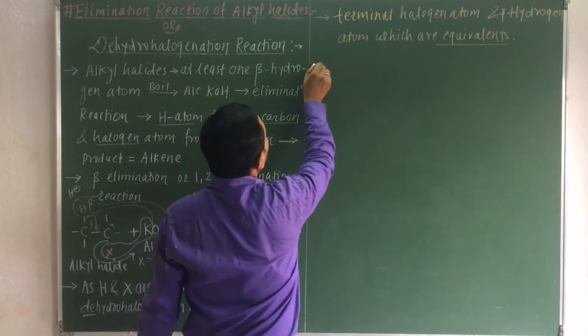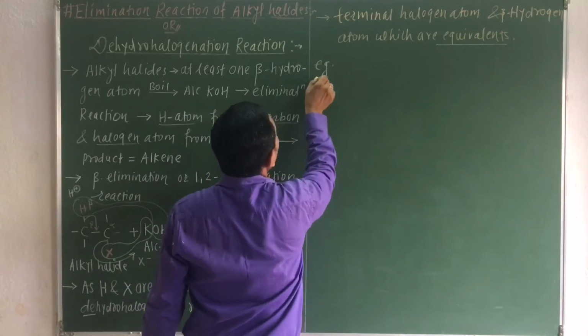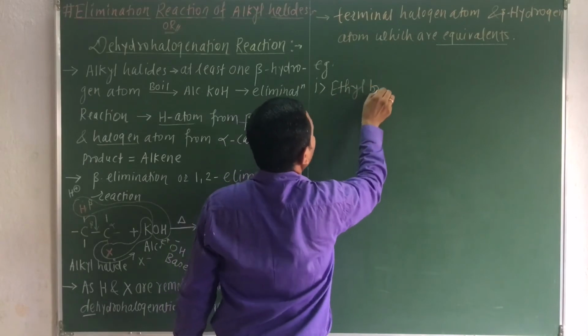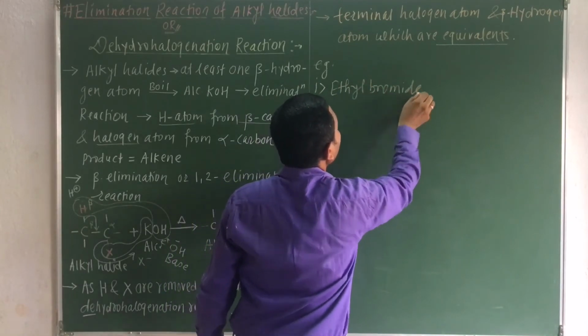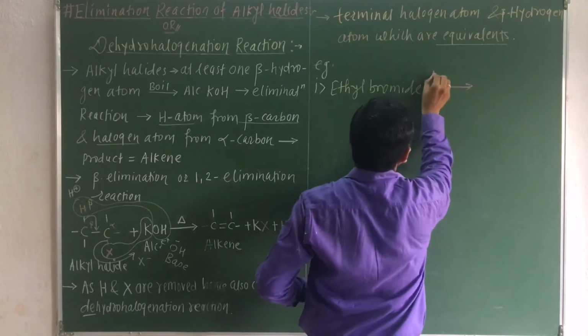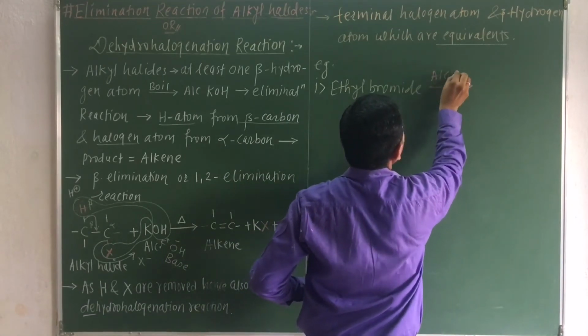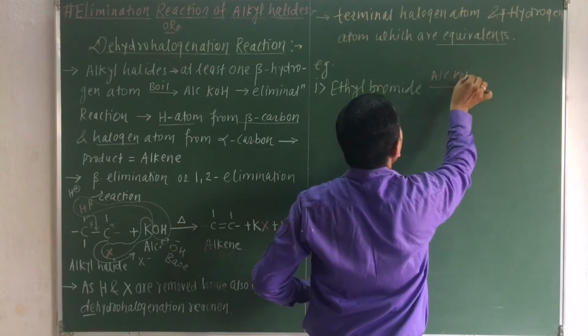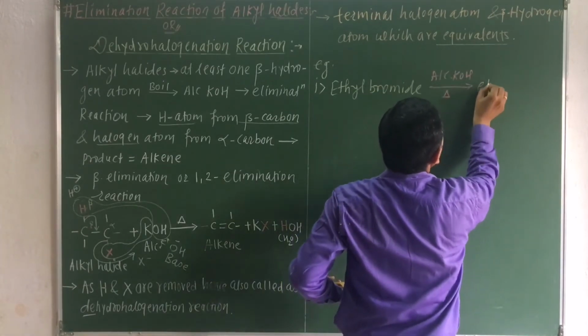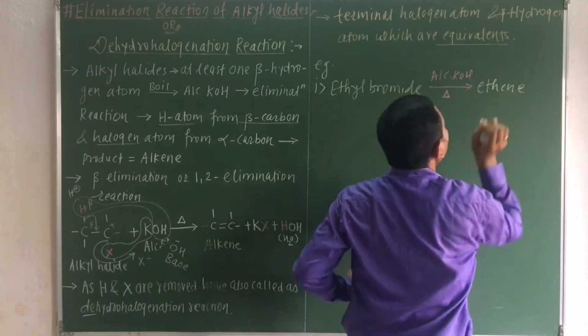For example, if I have taken ethyl bromide as an alkyl halide, when it is boiled in presence of alcoholic KOH, it will give ethene as a product.